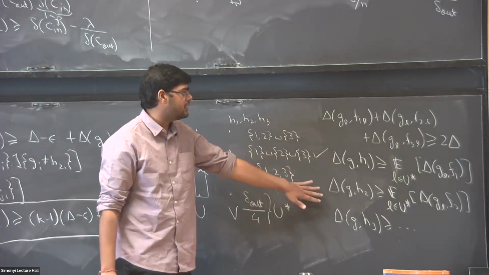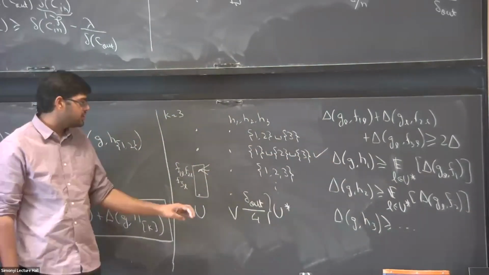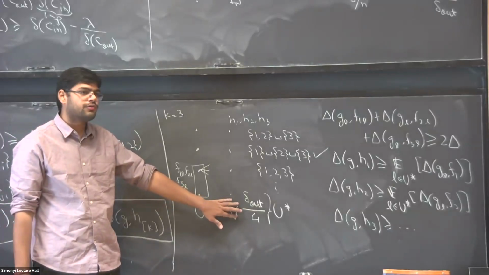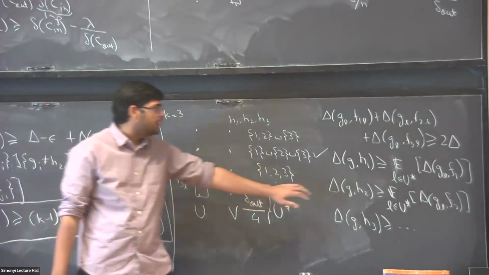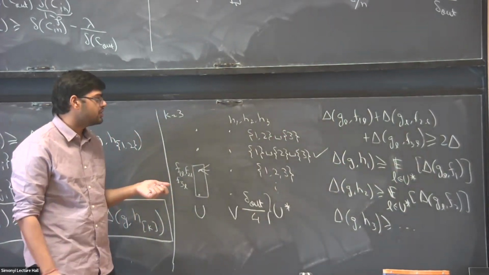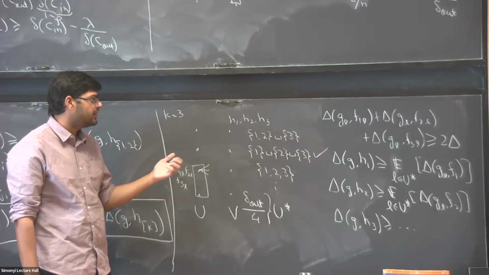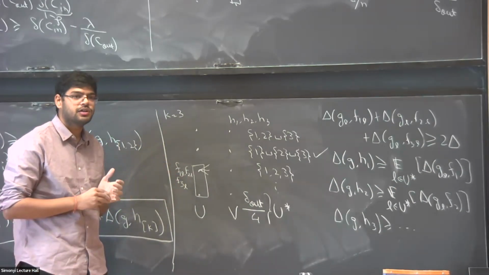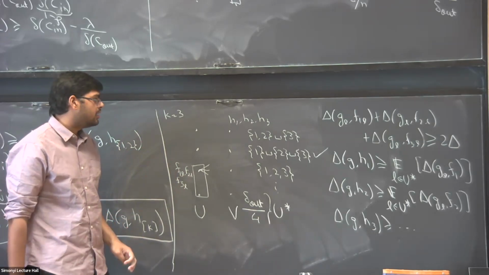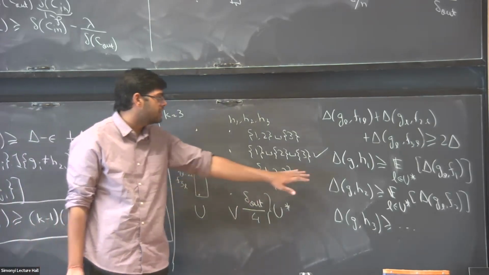And this argument is exactly similar to what we had before for the distance proof. Because in this delta out over 4 fraction, they differ in some delta GL, comma F1 positions in U star. So these edges will correspond to the red edges that we had before. So again, a similar expander mixing lemma kind of computation will allow us to lower bound this.